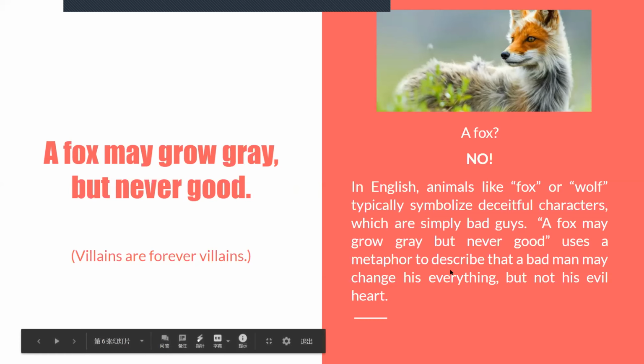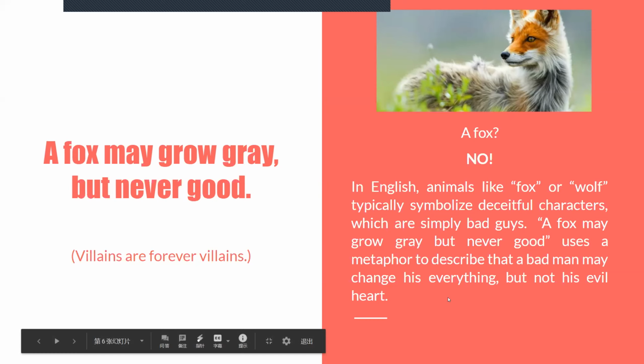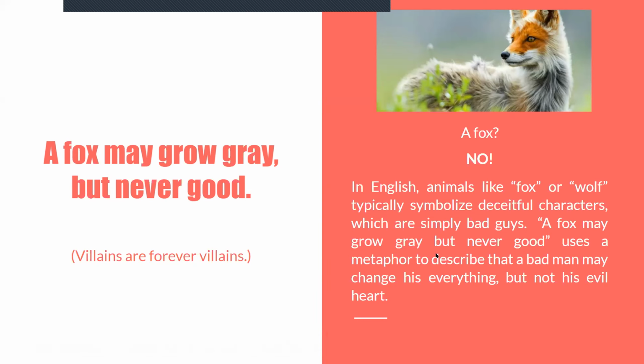Like he always has a bad personality, but that's not to say every bad guy will act like this. It's just a term you use to describe bad guys like that when you meet them.